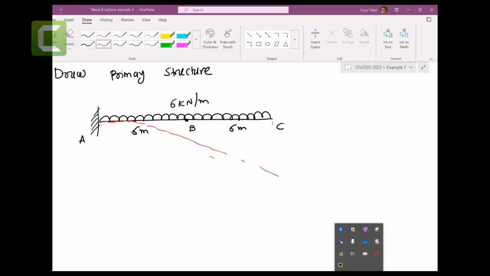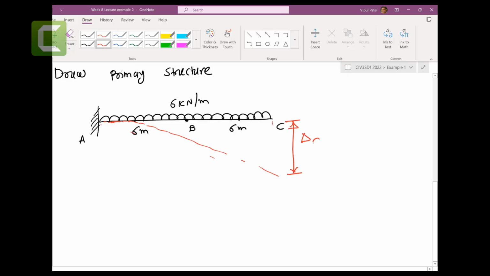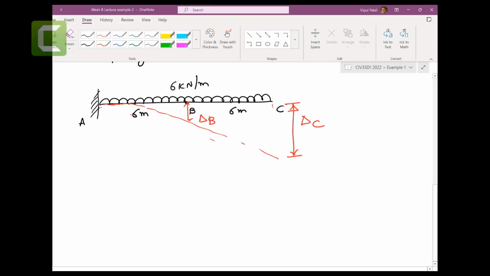So you have a delta C here that we need to find, and we need to find this delta B. Right. And then we need an additional force that is going to be put in the opposite direction. Let's put the opposite one. Let's put this BY up.